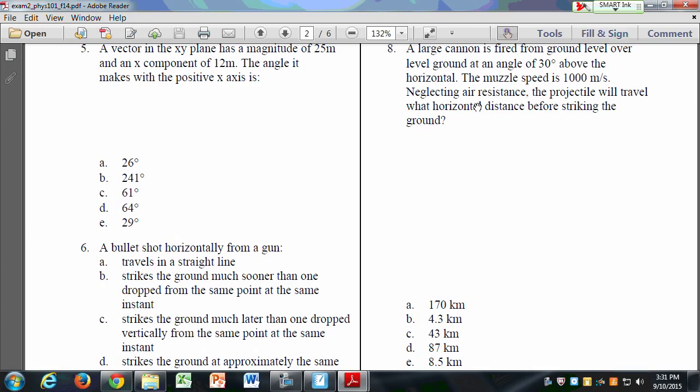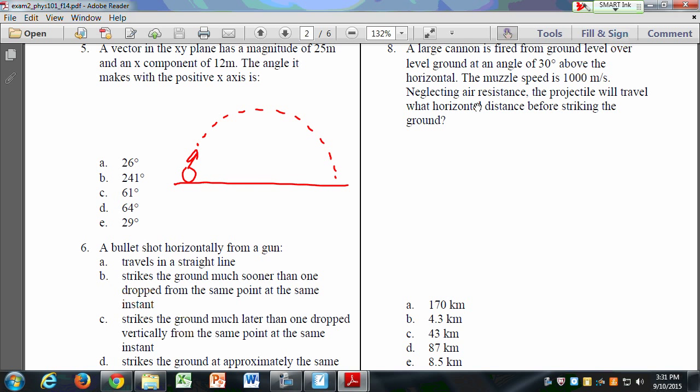A large cannon is fired from ground level over level ground at an angle of 30 degrees above the horizontal. The muzzle speed is 1,000 meters per second. It will travel what horizontal distance? All right, so I'm going to draw a little picture over here. Something like this.